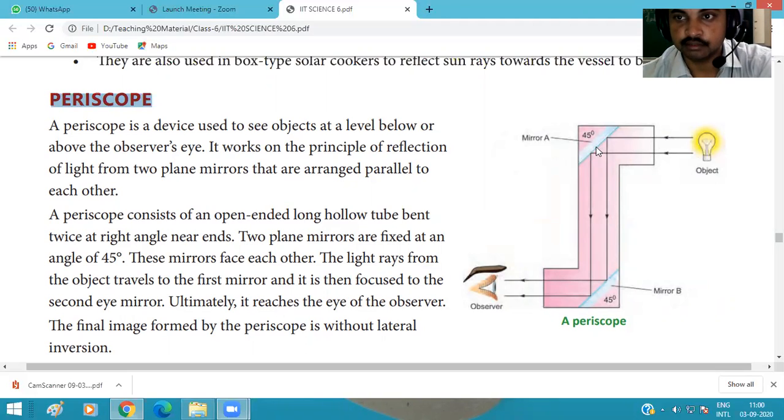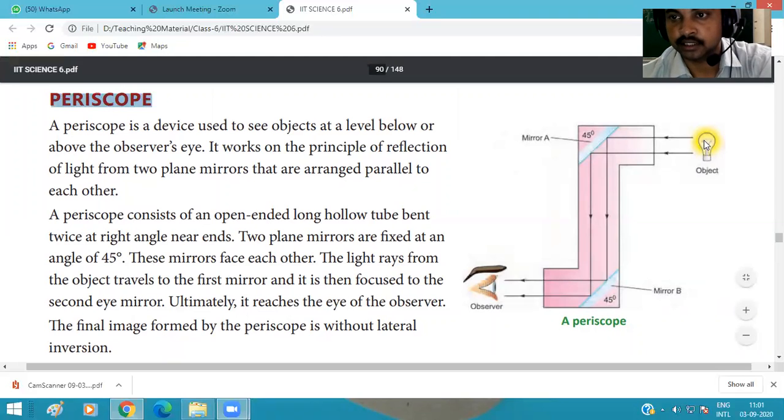We already discussed lateral inversion. Lateral inversion means the left of the object is seen on the right in the image, or the right of the object is seen on the left in the image. This type of image is called laterally inverted. That laterally inverted image is seen in this other mirror, so it inverts again. Why do we see the object without lateral inversion?